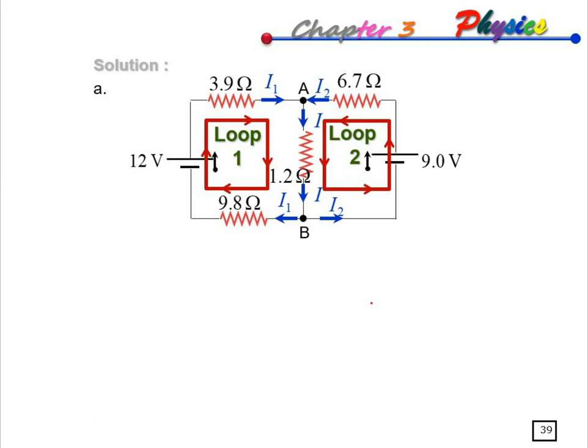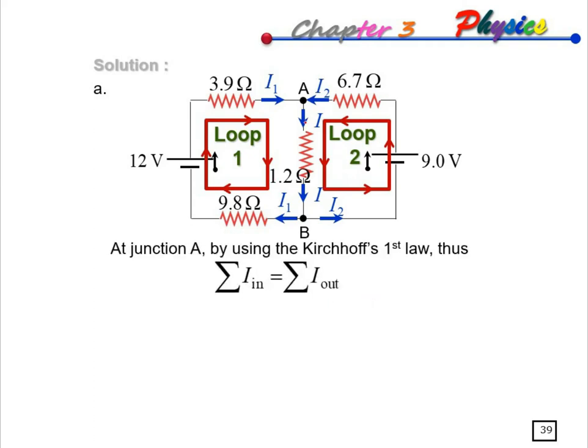We will identify by using the loop. At junction A, by using Kirchhoff's first law, the Kirchhoff current law, the current that flows into this junction is I1 and I2, and the current that goes out from this junction is I. So we have the equation I1 plus I2 equals I.